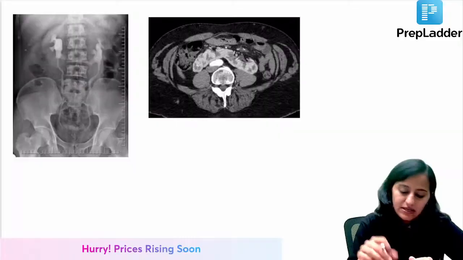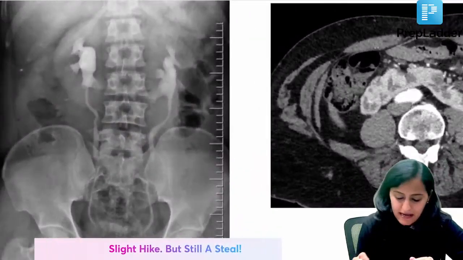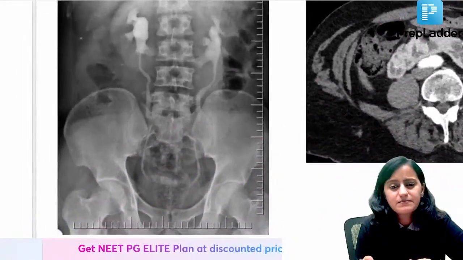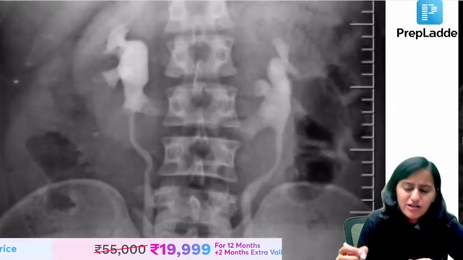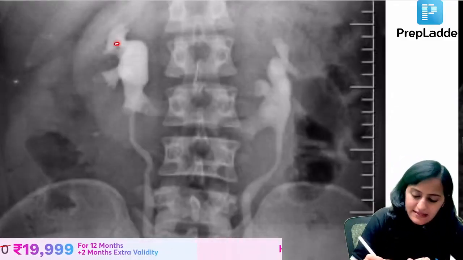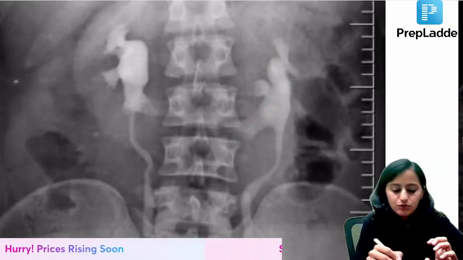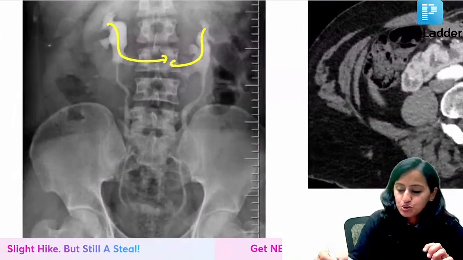Going to the next one, what is this image showing? These are two different images. First, what do you see in this IVP image? What is this in the IVP, guys? What is abnormal here in the IVP? If you look at the image very carefully, look at the kidneys going medially towards the vertebra, like the two kidneys are joining hands, horseshoe kidney.